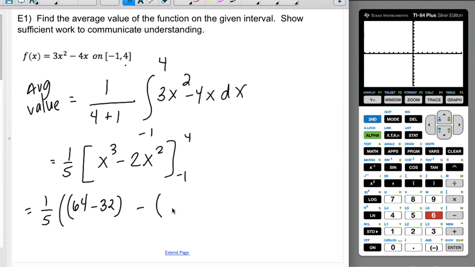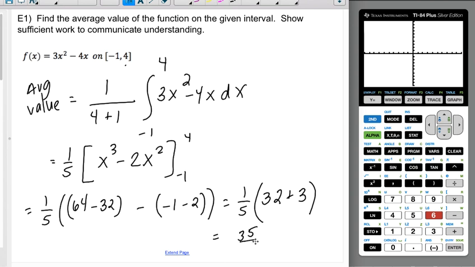And then when I plug in negative 1, I'm going to get negative 1 minus 2, right? So I get that this is 1/5. In here, I have 64 minus 32, which is 32, and then this seems to be plus 3. So I think I get 35 over 5, which is 7. Now we can check and see if we're right on this, right?